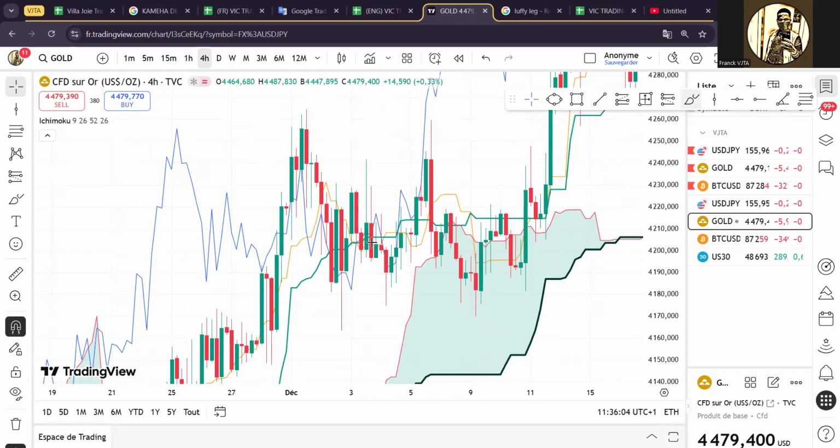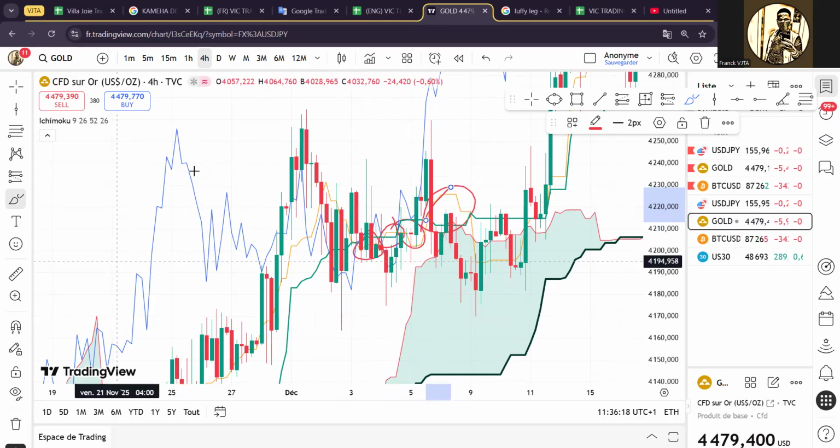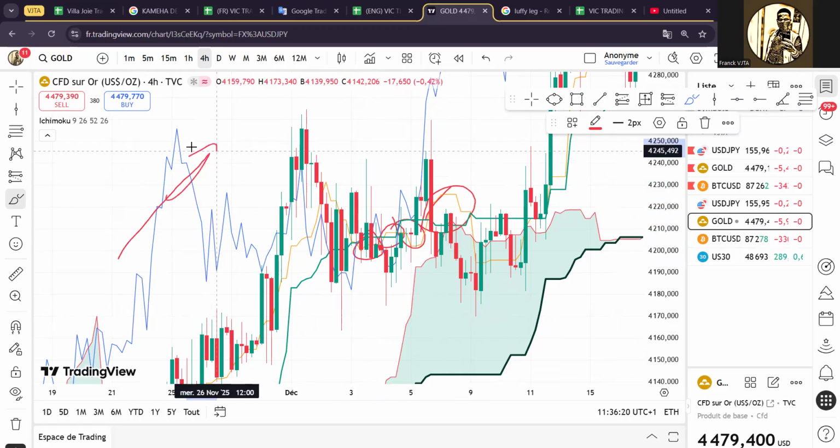See, for example, you have a correction happening just around this level, and then you have this small push trend, and then you have a correction, and then you have another push trend. When the push trend happens, normally Tenkan must stay bending to the upside.